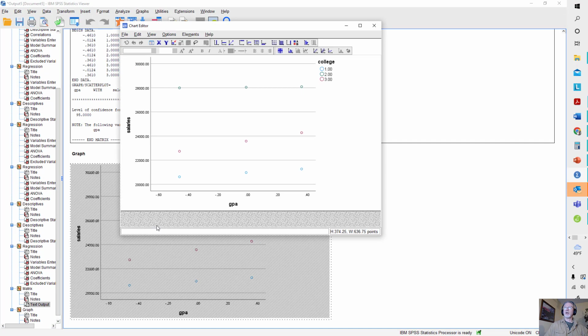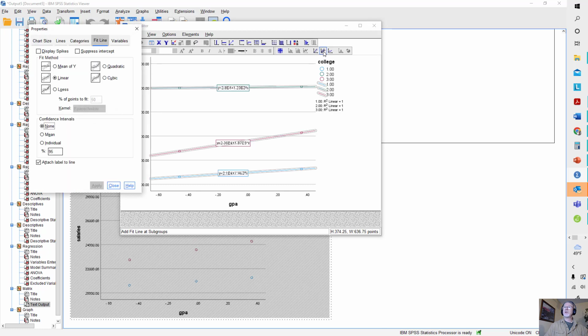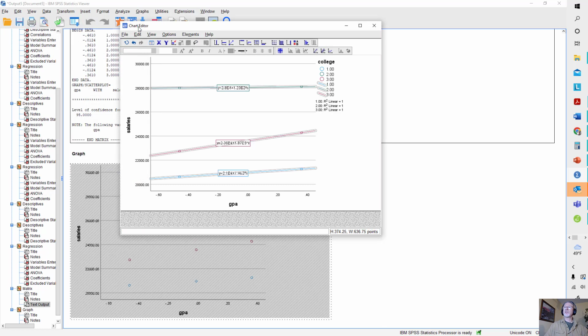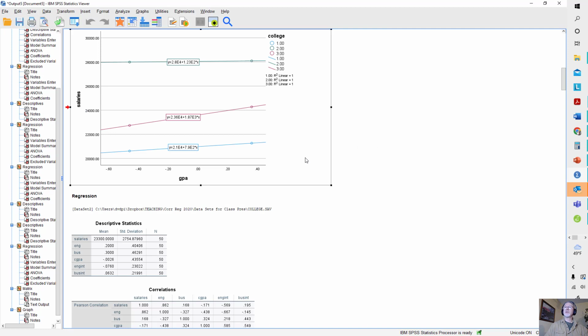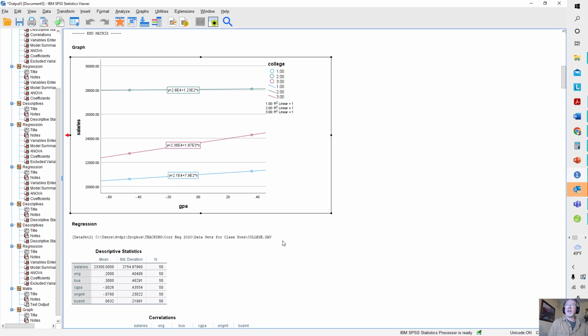Double click on the graph, go over here where it says add fit line at subgroups, and it puts lines through the subgroups. And there you go. Now you have a nice figure, which I would copy and paste over into PowerPoint and mess with it over there to make it pretty the way that I would want.